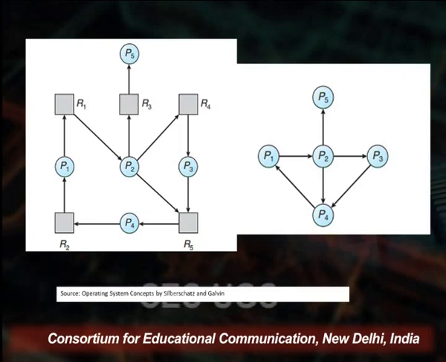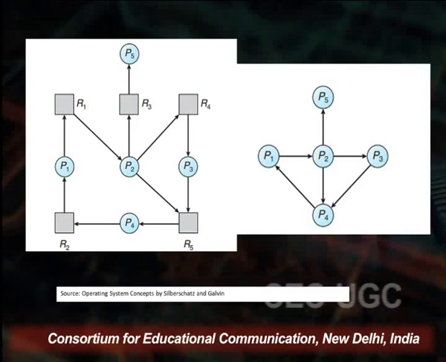Now, it's okay that we have got this wait-for graph by removing the resource nodes and collapsing the edges that qualify a particular condition. But what next?